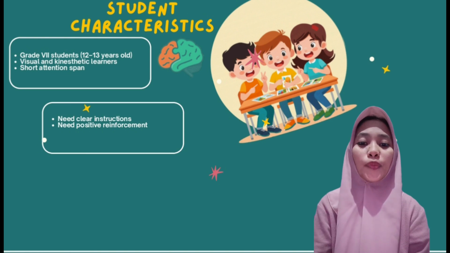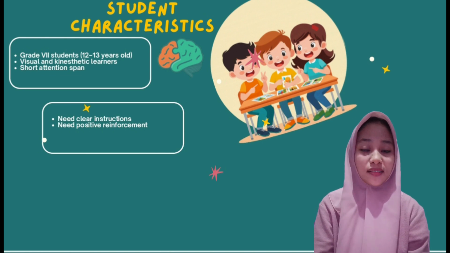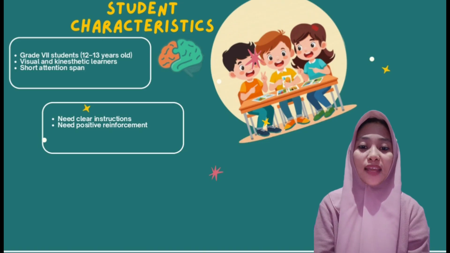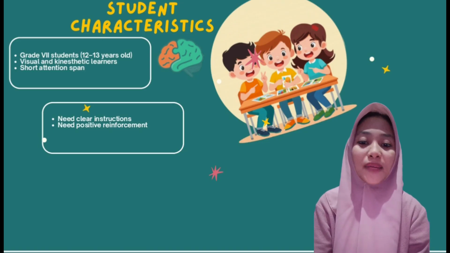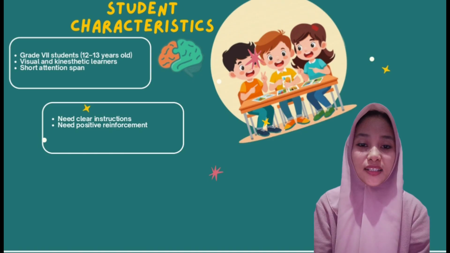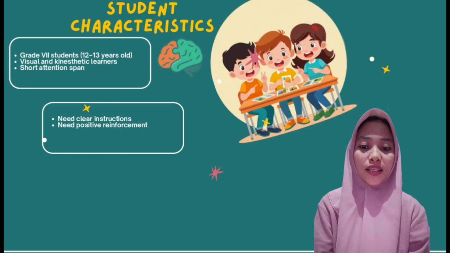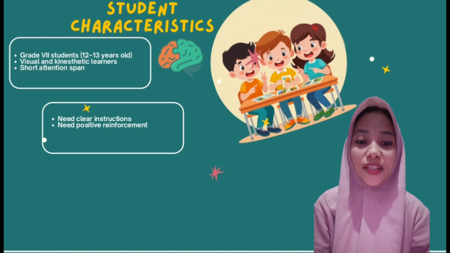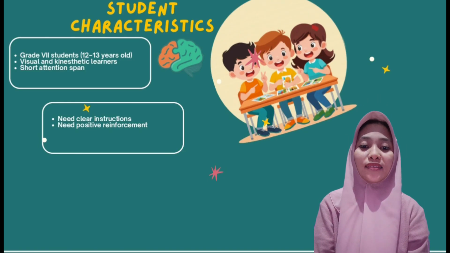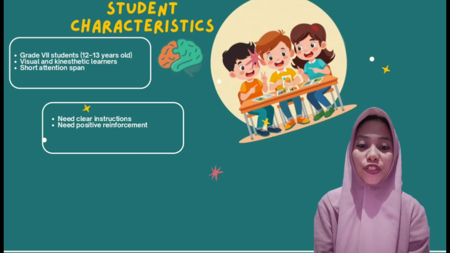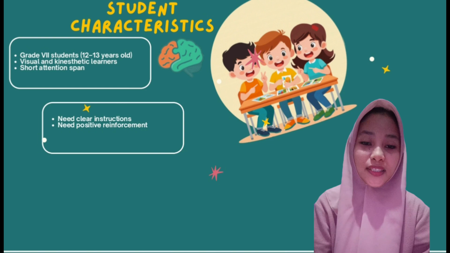They are also visual and kinesthetic learners, so they understand lessons better when they can see and practice the material directly. However, they usually have a short attention span. Therefore, teachers should provide clear interactions, interesting activities, and positive reinforcement to keep students motivated.